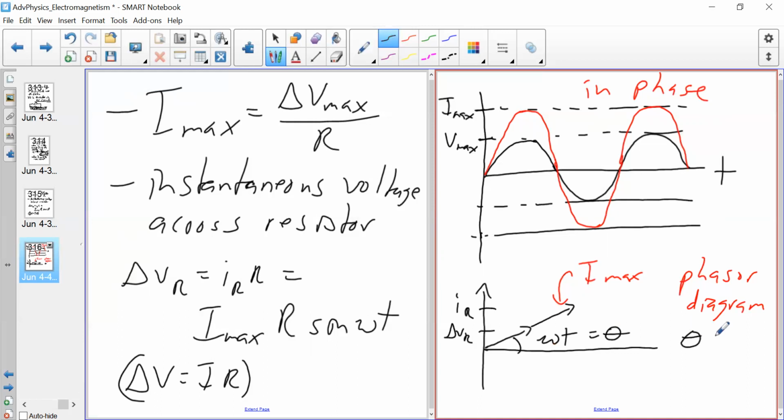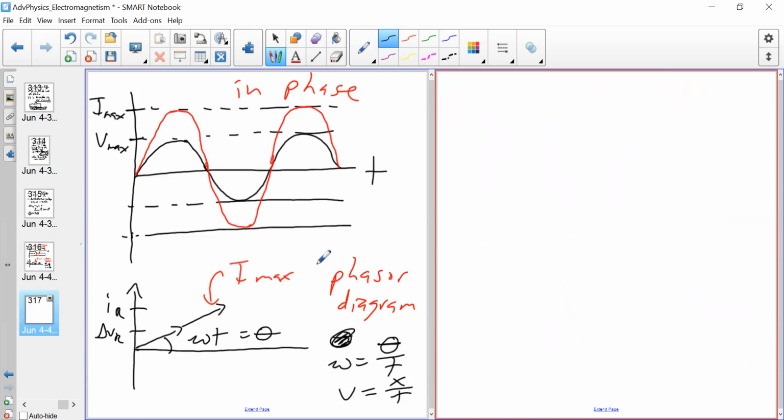And we know that theta over t is angular velocity specifically, which in linear form is linear velocity, x over t. We're looking at this at one particular moment in time. That's your phasor diagram for a resistor in an AC circuit.